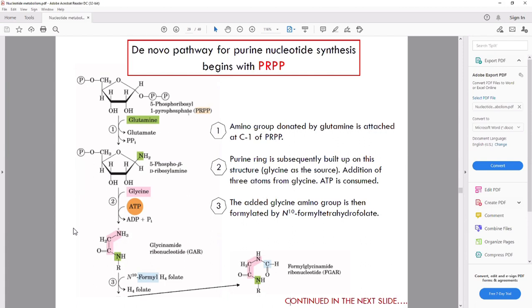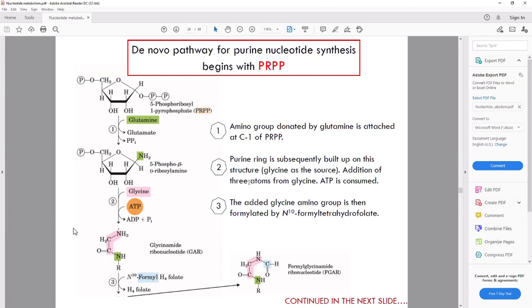But diseases related to pyrimidine metabolism are quite rare, because the products of pyrimidine metabolism are highly soluble in water, so they can be converted much more easily compared to purine.